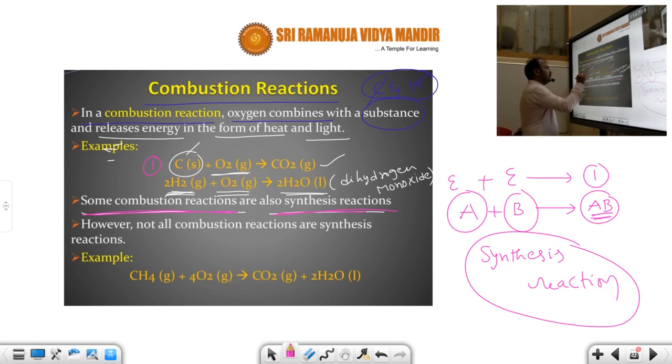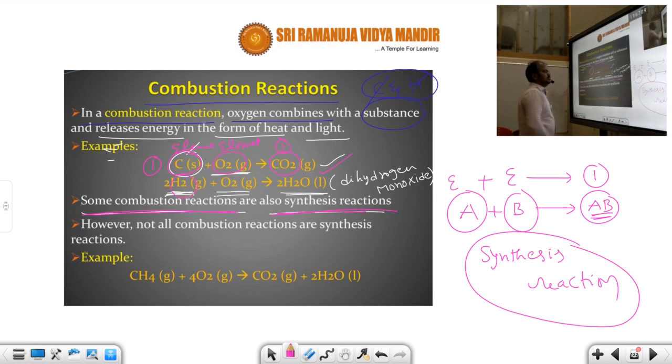In the first example, carbon reacts with oxygen. Carbon is an element, oxygen is also an element, to make carbon dioxide. This is the only one new substance formed in the product side. That's why this is a combination reaction as well as a synthesis reaction.